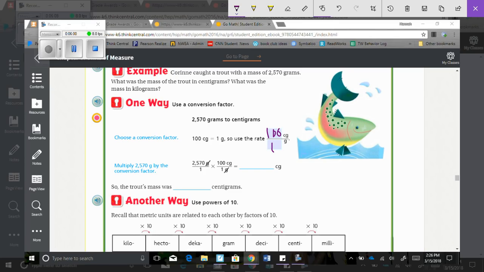Multiply 2,570 grams by the conversion factor, and cancel out my grams. 2,570 times 100 just means adding 2 more zeros, which is 257,000. So the trout's mass was 257,000 centigrams.